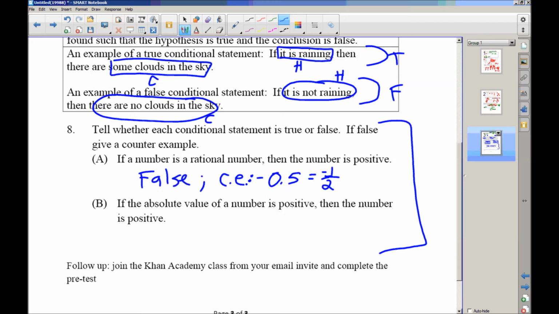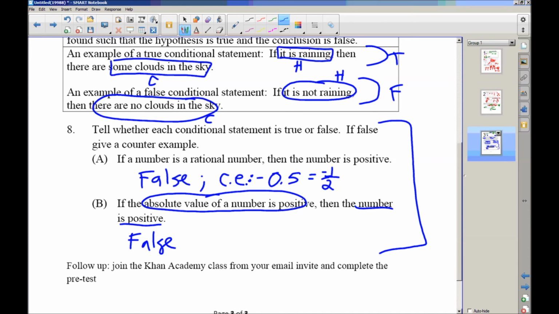If the absolute value of a number is positive, then the number is positive. Is this a true or false conditional statement? Remember, for it to be true, every number we think about that has a positive absolute value should also be positive. I think this one's false.